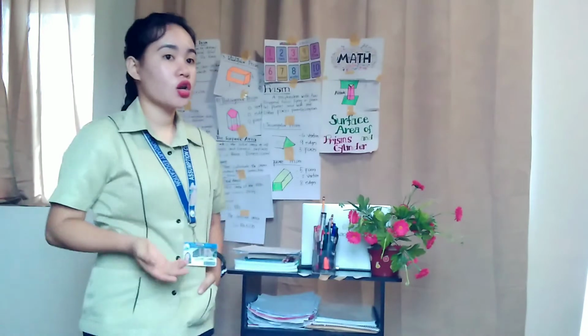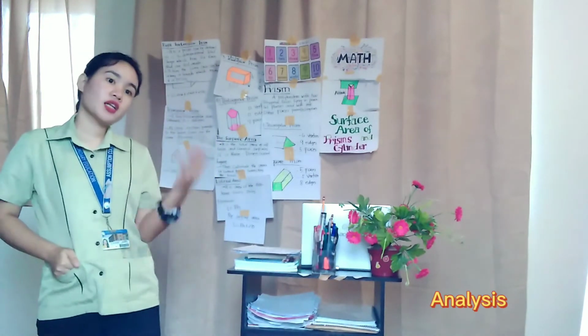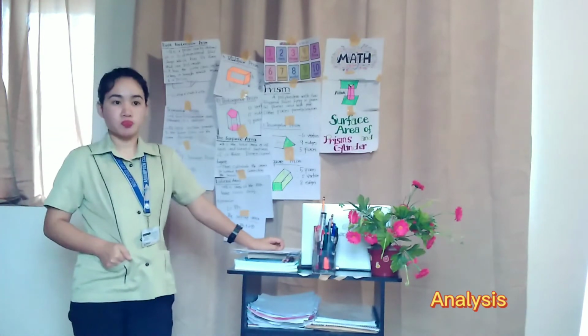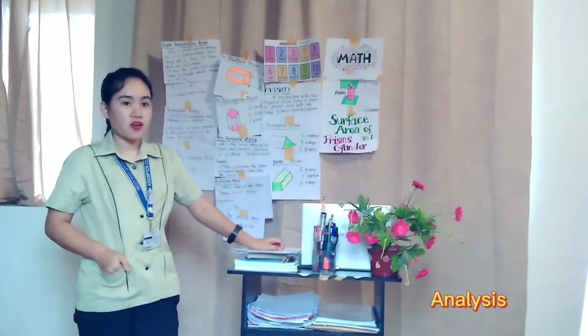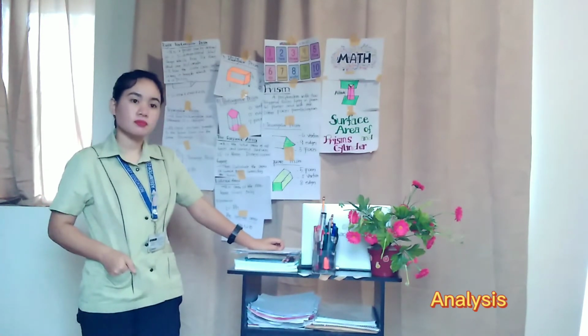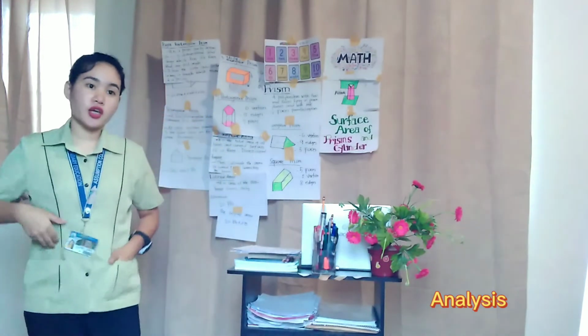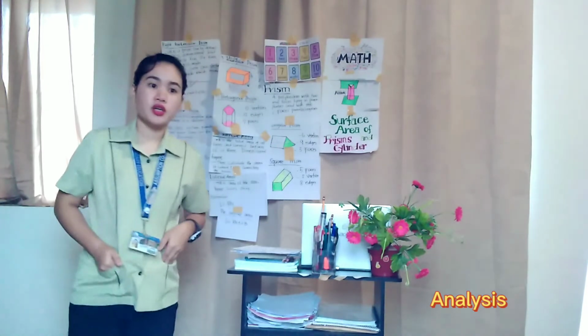Now, each group, I will call one of you to answer my question, to see if you really learned anything from our discussion. Group 2, what is the surface area of a prism used for finding the lateral area? It is the lateral surface area together with the area of the base and top. Very good.